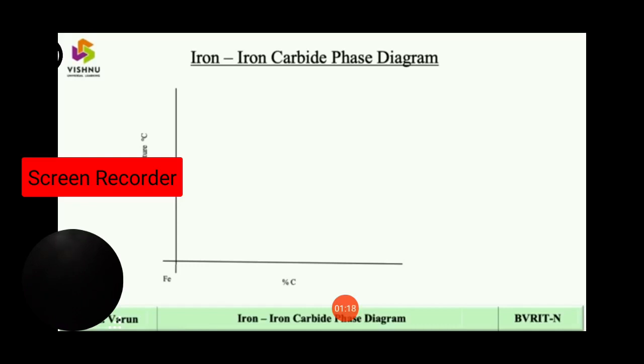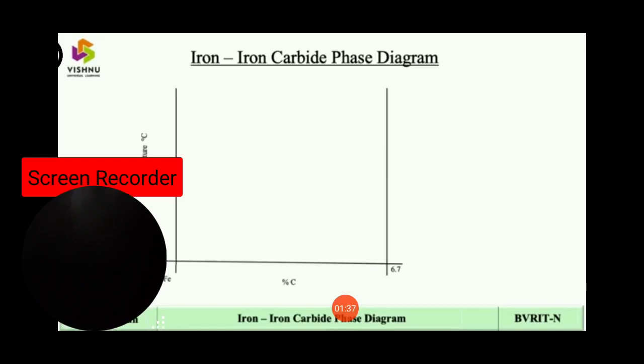The maximum carbon that can be formed in iron is up to 6.67 percentage of carbon. What exactly happens at this 6.67 percentage of carbon is it forms an interstitial compound.